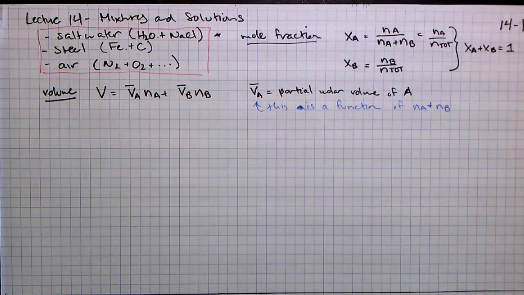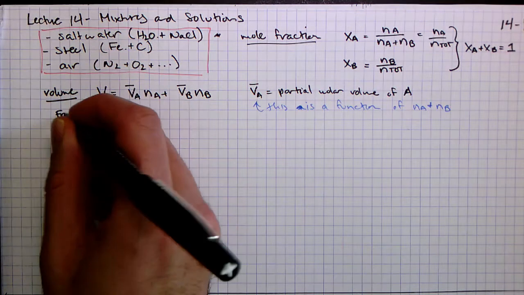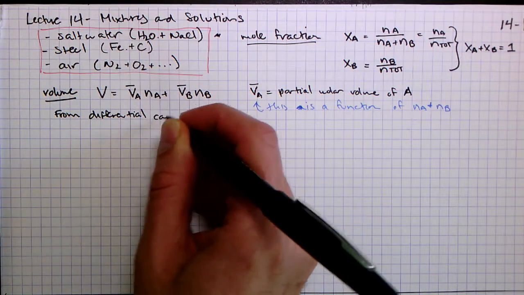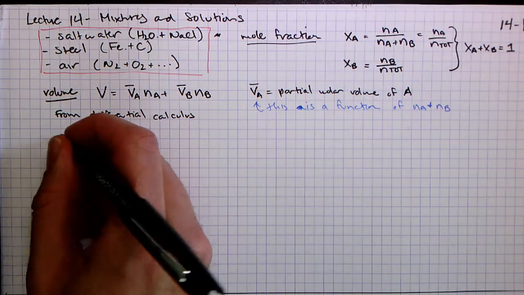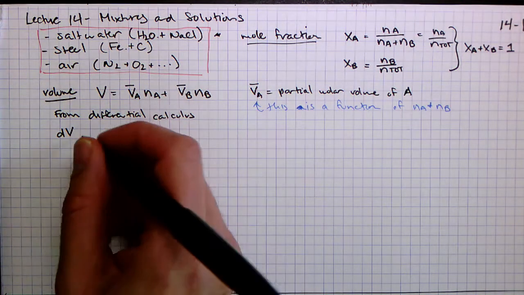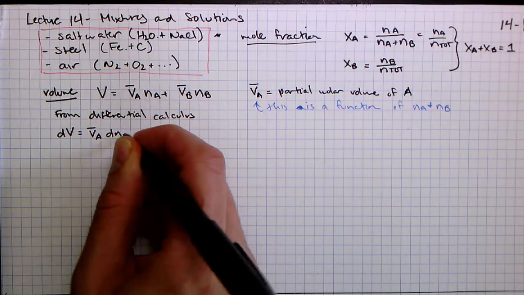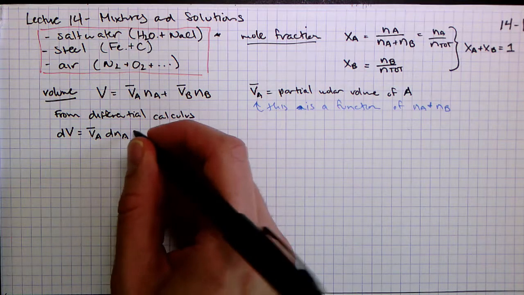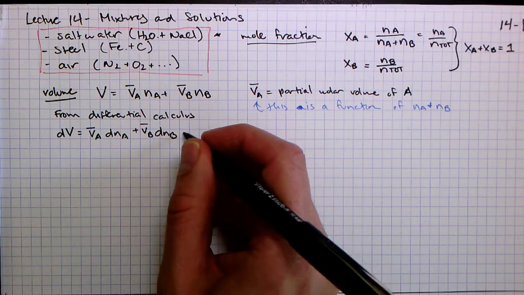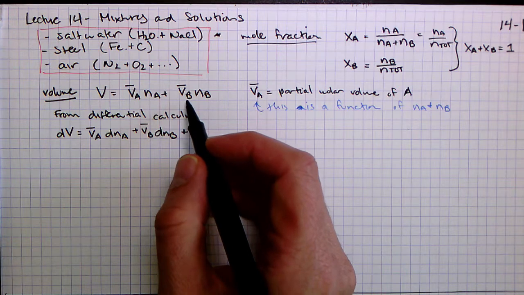So we can look at this expression and note that, okay, this must mean, just from differential calculus, if we were looking at a change of the volume, just by formal differentiation here, that should be equal to the partial molar volume of A times the change in the number of moles of A plus the partial molar volume of B times the change of the number of moles of B. And then we can get contributions from not just changes in the number of moles, but changes in the molar volume itself.